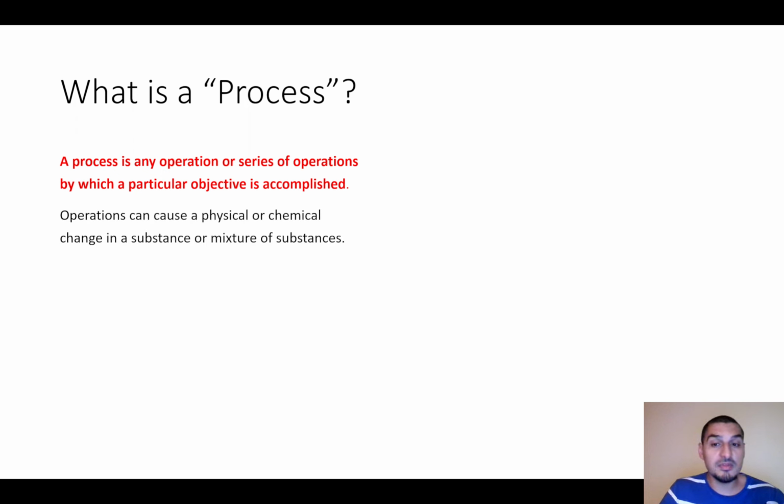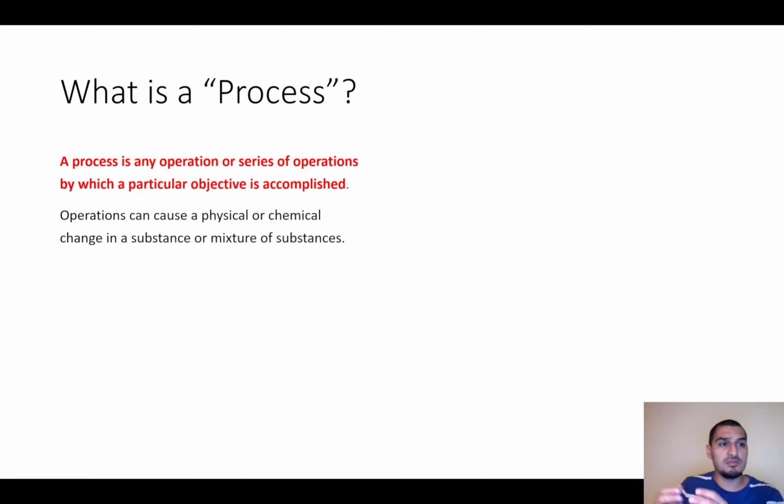This operation can be physical or chemical, meaning that the operation can change the physical shape or the consistency of the material. So it can change it from, let's say, big solid to small solids.